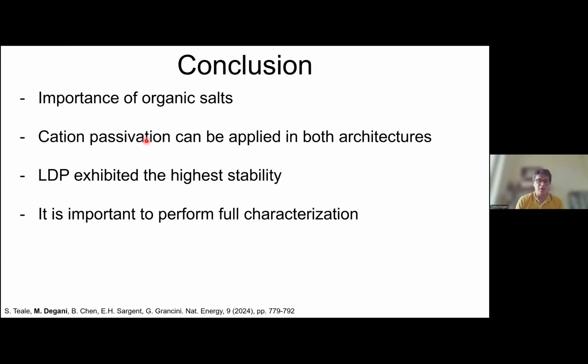But the take-home message of this part of the talk is the importance of a full characterization, since if we would like to be able to reproduce the results between one lab and another, what we need is to identify the type of passivation, and this is going to be fundamental.